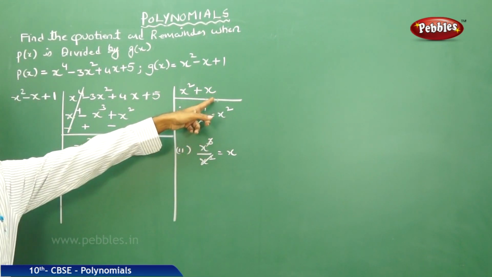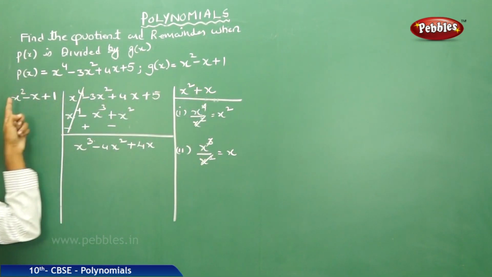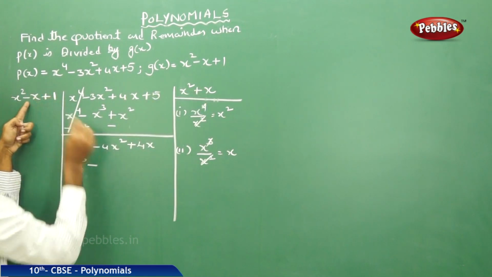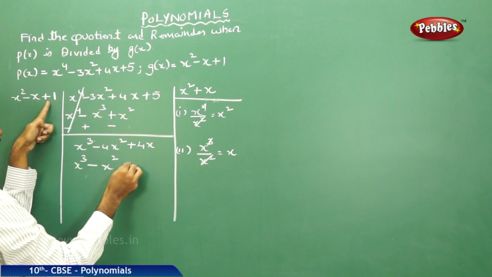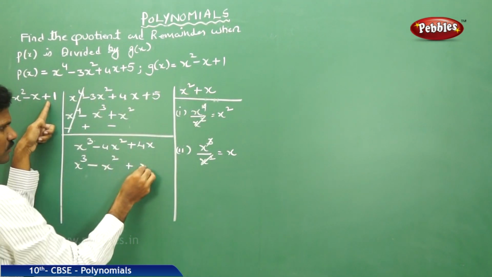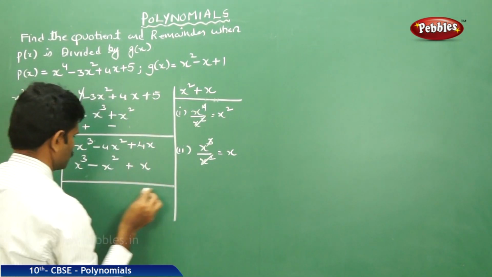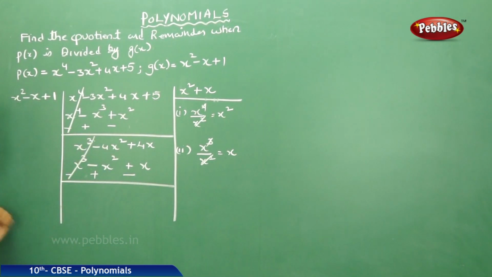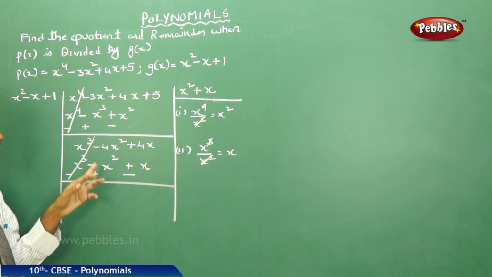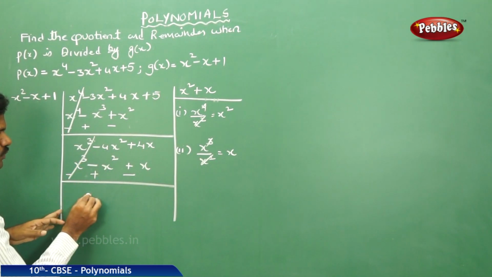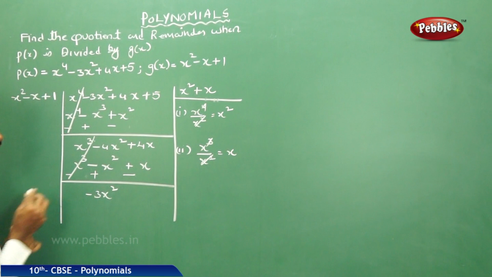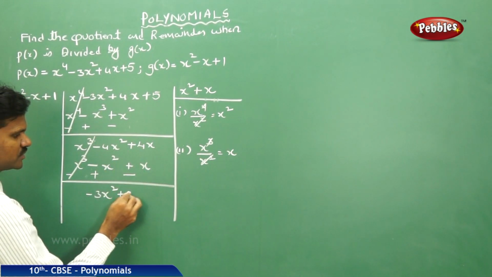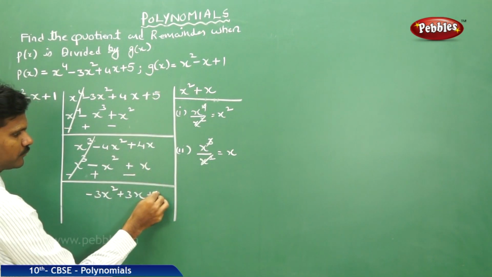With this x, multiply the total divisor. X into x square, x cube, minus x into x, x square, plus x into 1, x. Now minus plus minus cancel. Minus 4x square plus x square, which will give you minus 3x square, plus 4x minus x, which will give you plus 3x plus 5.